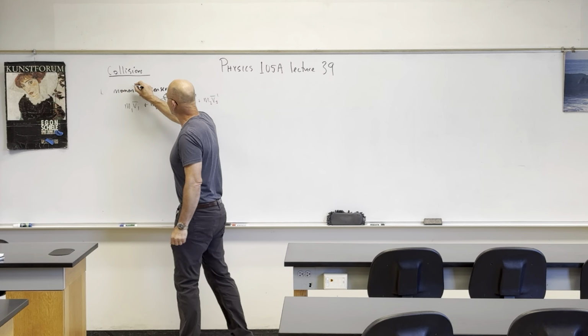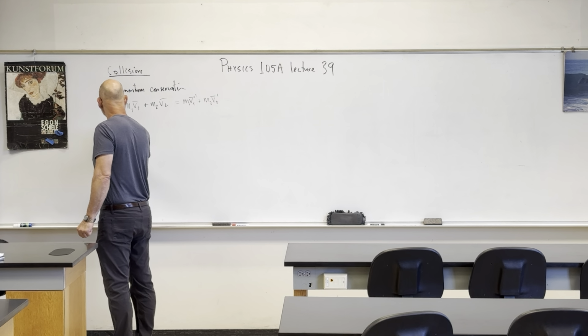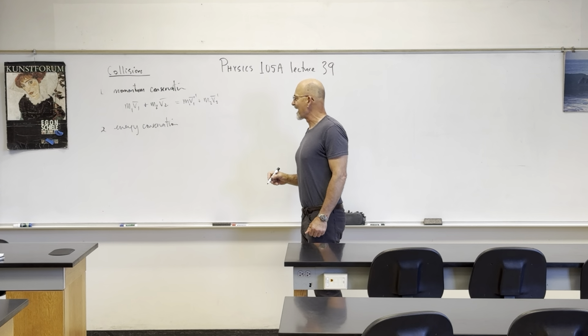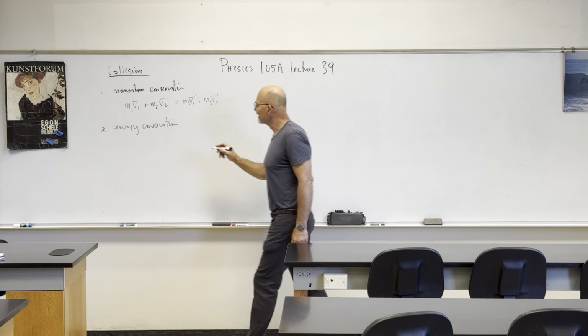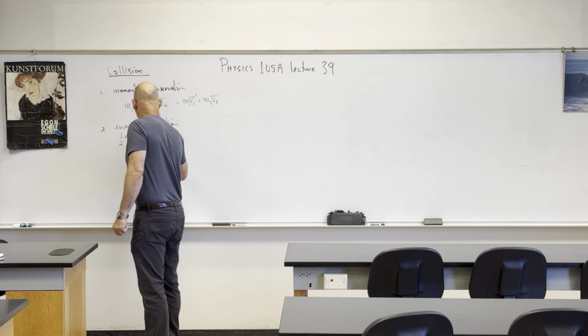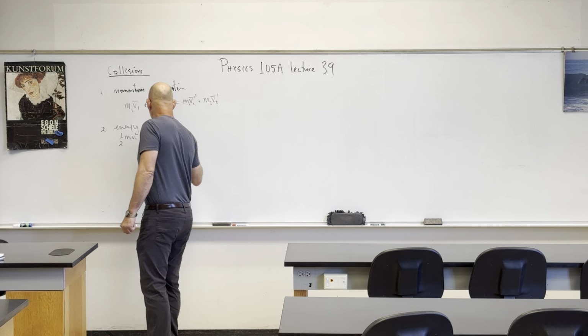So we did a fair amount of that already. But then we added energy conservation, which is not always applicable, but when it is, you have the sum of the initial kinetic energies equals the sum of the final kinetic energies.